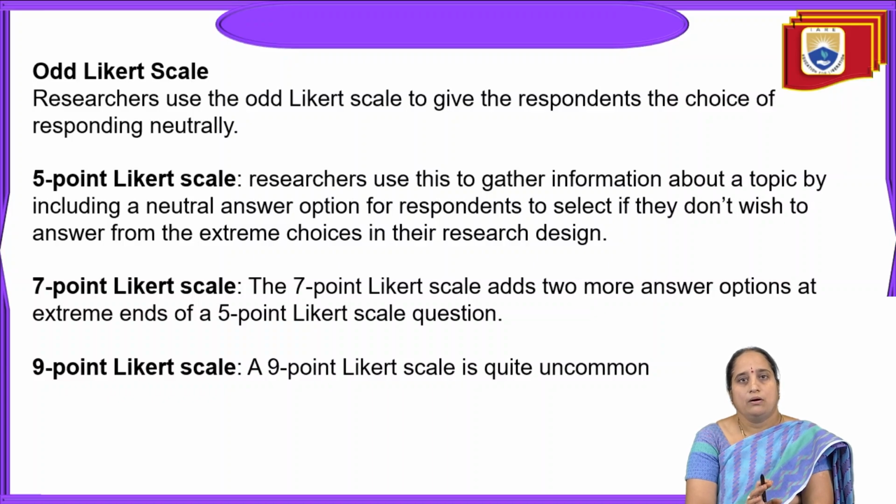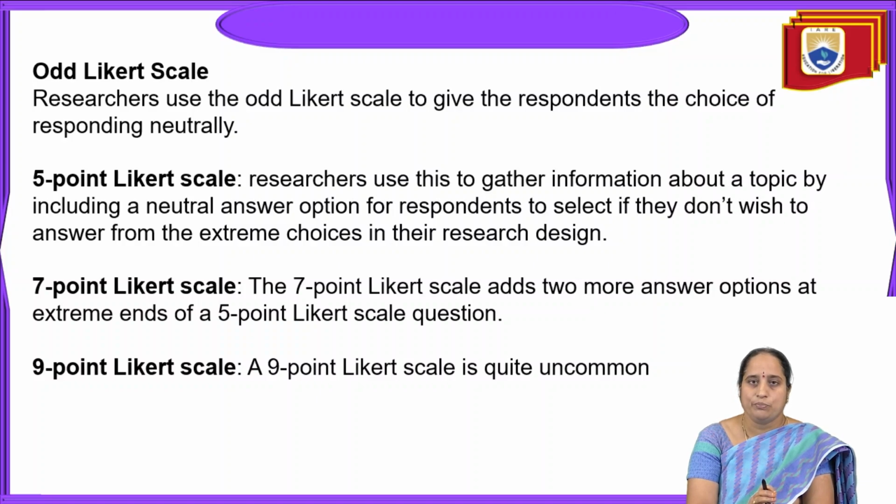Odd Likert scales can be further divided into 5-point, 7-point and 9-point Likert scales. Researchers use the 5-point Likert scale to gather information about a topic, which includes a neutral answer option for respondents to select if they don't want to select from the extreme choices in the research design. Then people will go for the neutral option.